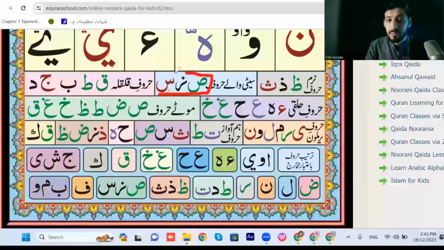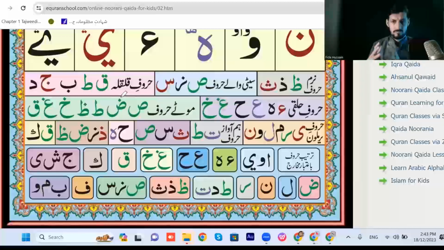So therefore they put these 3 letters in a box, and we give them a name. Siti wale huruf, the whistle sound letters, whistle letters. And this one is also one of the very important rules in Tajweed.